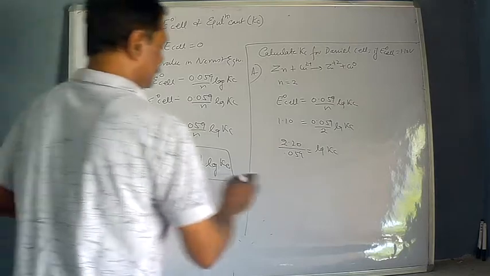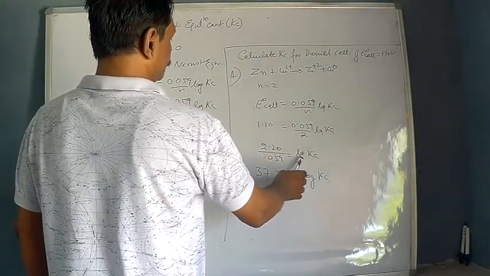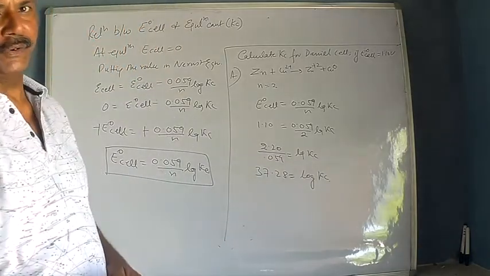Class, if you solve 2.20 upon 0.059, we get the final value 37.28 equals log Kc.